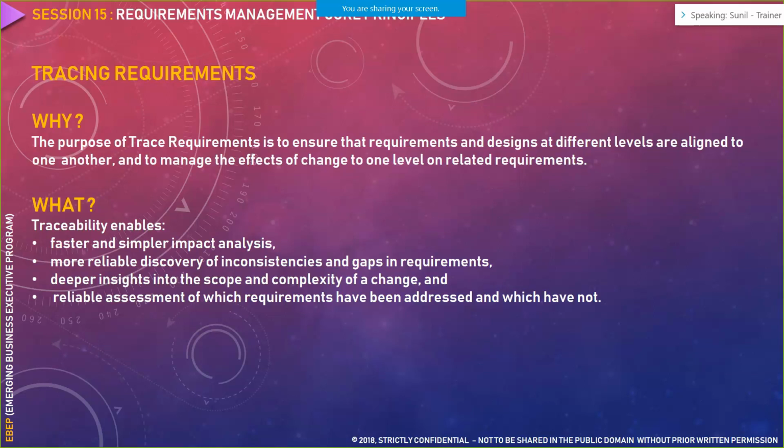Now, what are these inconsistencies and gaps? These are missing elements within a particular requirement. So let's say someone is writing a requirement that in a distributed system architecture, your request would always go from this particular server to this particular server, server A to server B. Now, when you are doing an impact analysis for that requirement, you see there are server C and D also available.